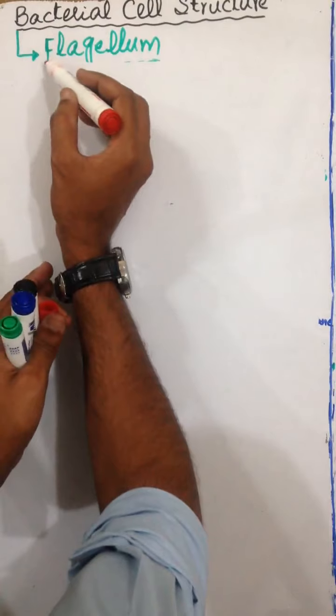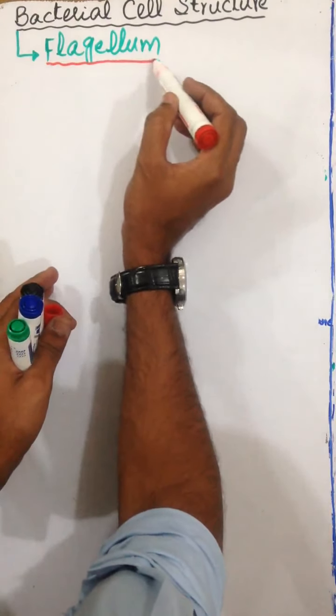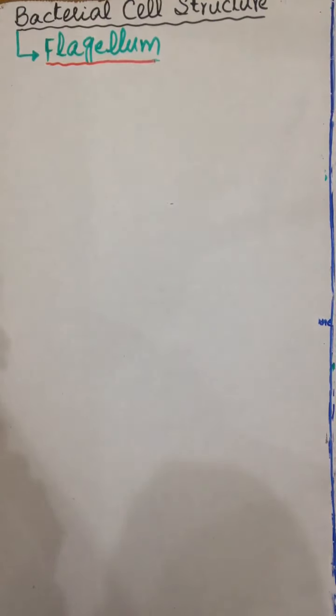So the function of flagella in bacteria and eukaryotes is the same. They are responsible for the motility of the cell, but the physiology of motility is different in bacteria and eukaryotes.